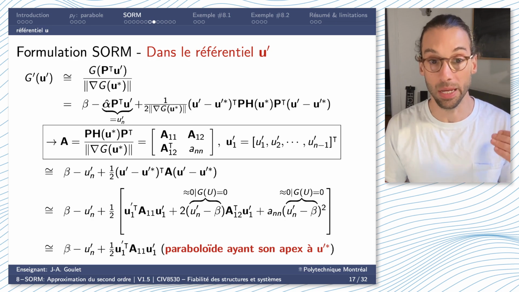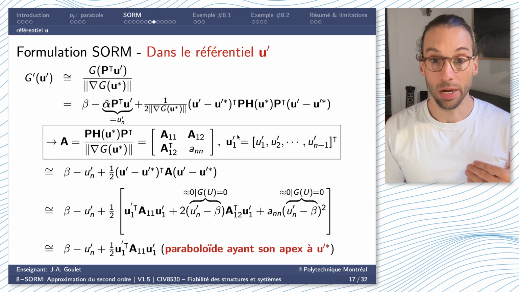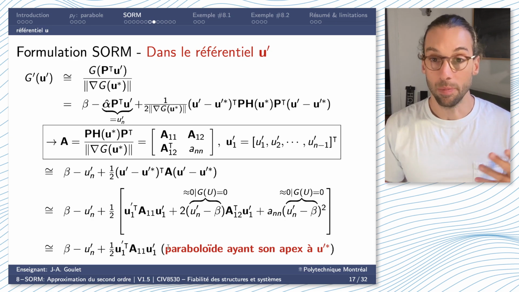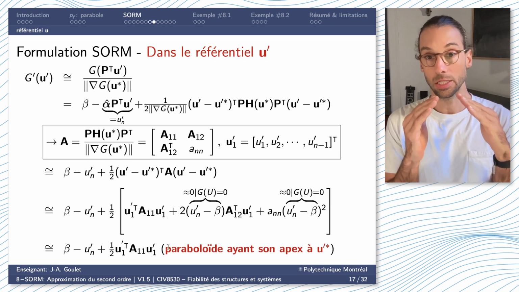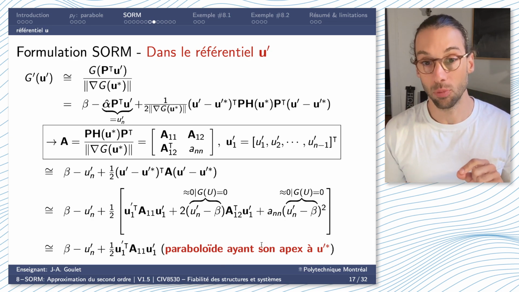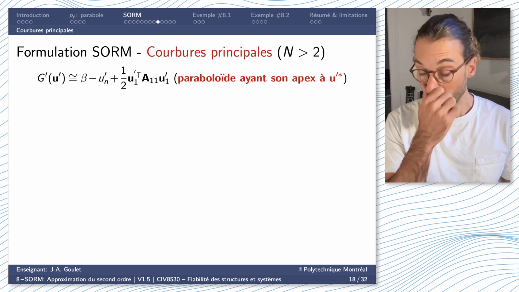So we're going to have beta minus UN prime plus 1/2 of my vector U1 prime, A11 U1 prime. So this is going to be basically a parabola for which the apex is going to be centered at our design point U1 prime. So what do we have?